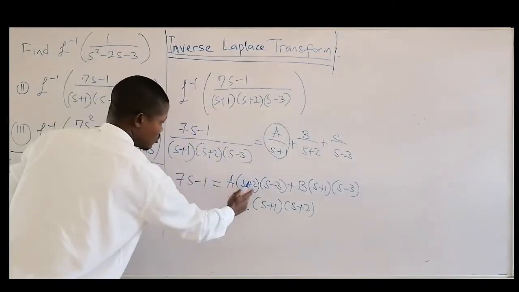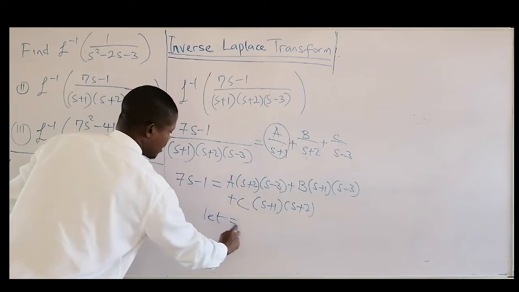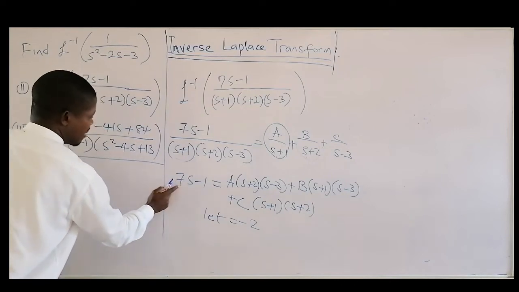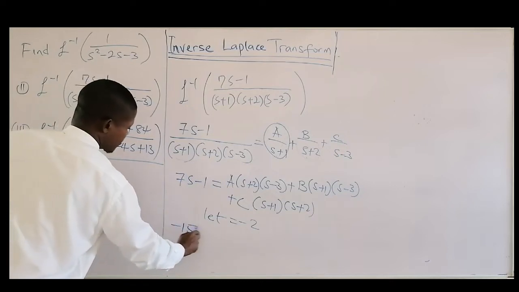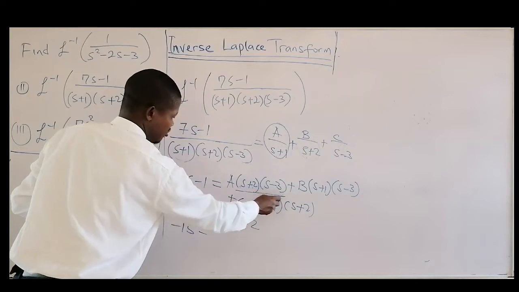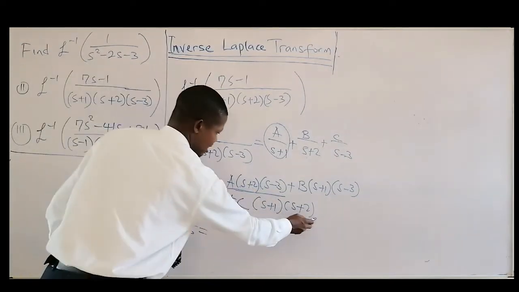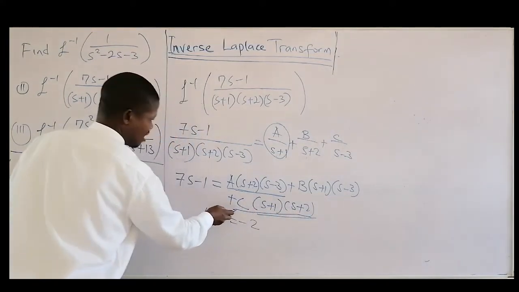So let's start with x equal to minus 2. If I introduce x equal to minus 2, then 7 times minus 2 is minus 14, minus 1, minus 15 equal to, this will go, minus 2 plus 2. This expression cancels. Here also there is x plus 2, minus 2 plus 2. This expression also cancels.